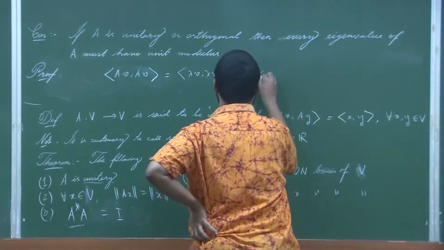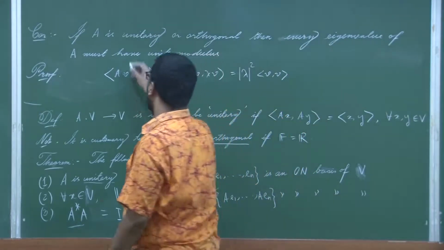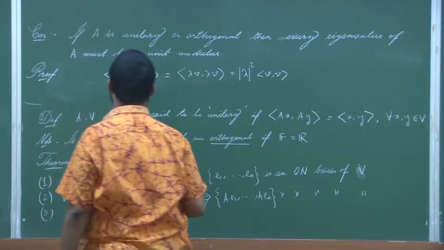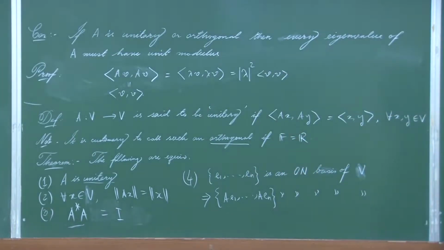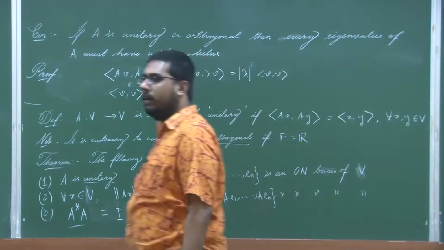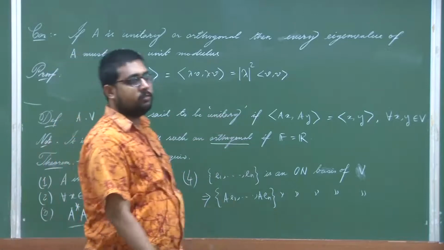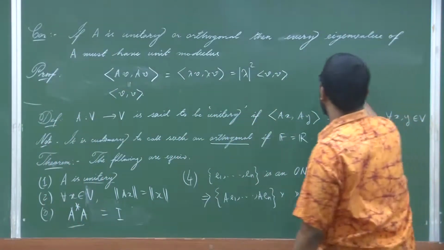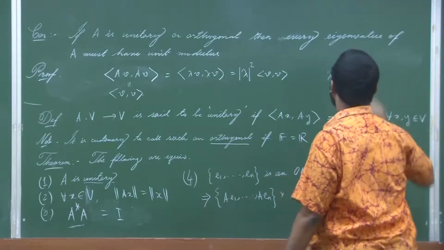So, this is |lambda| square times <V, V>. On the other hand, since A is orthogonal or unitary, in either case this is the same as <V, V>, and V is non-zero, since it is assumed to be an eigenvector. Therefore, that forces |lambda| square to be 1. So, if A is orthogonal, then lambda is plus 1 or minus 1, or if A is unitary, then lambda is of the form e to the power 2 pi i t.